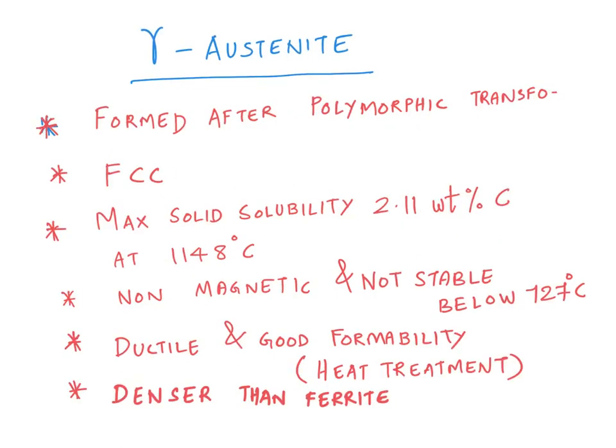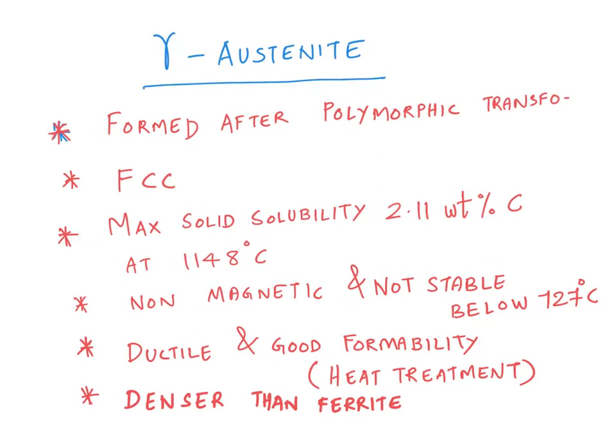Moving to the next phase, which was the gamma austenite phase. Gamma austenite is formed after a polymorphic transformation. I already explained that the crystal structure changes from body centered cubic to face centered cubic. Moreover, maximum solid solubility increases to 2.11 weight percentage of carbon at a temperature of 1148 degrees Celsius.